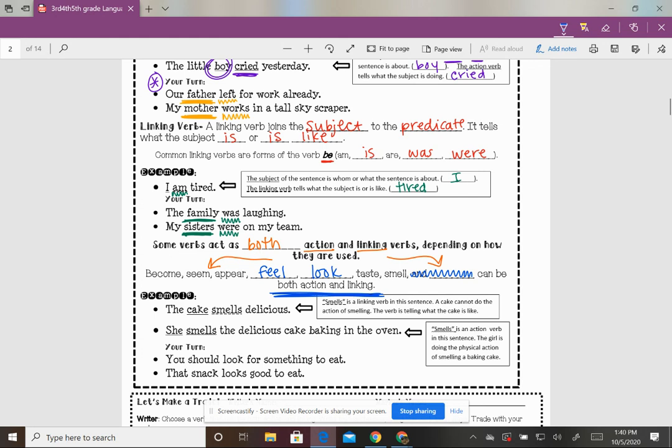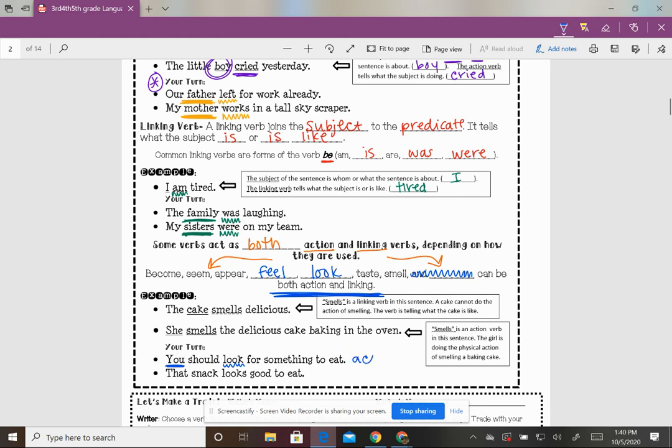All right, let's look at it. You should look for something to eat. Well, first of all, who are we talking about? We are talking about you. And what is the word that could actually be linking or action depending how it's used? I guess I kind of gave it to you there. You should have found look. You should look for something to eat.